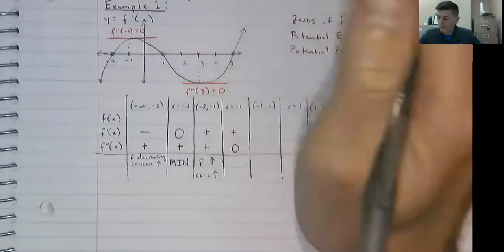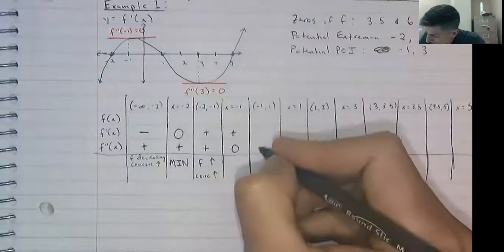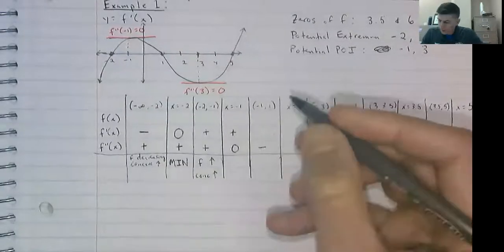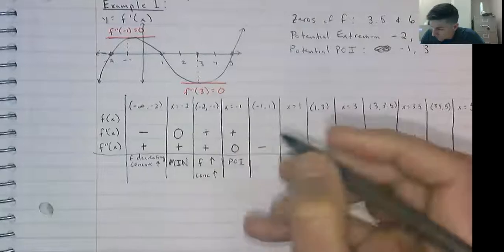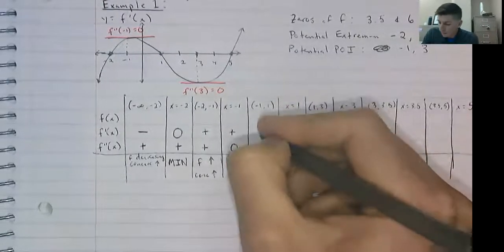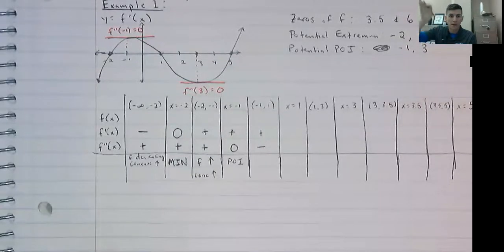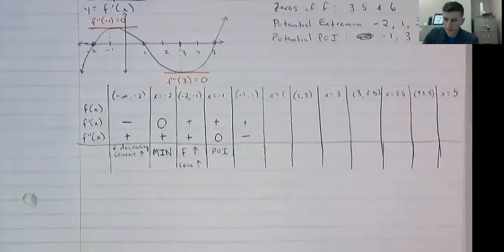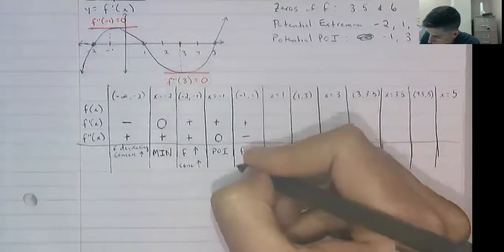And so the second derivative on the right side is now negative, and thus this is a point of inflection. On this interval, we're still increasing, but it's just gone from concave up and then to concave down. We'll see what that looks like on the graph in just a sec.